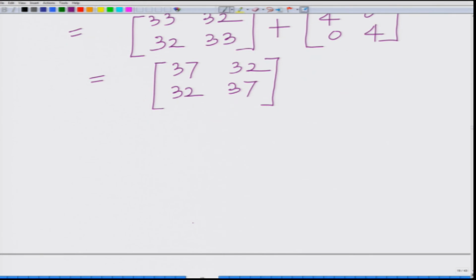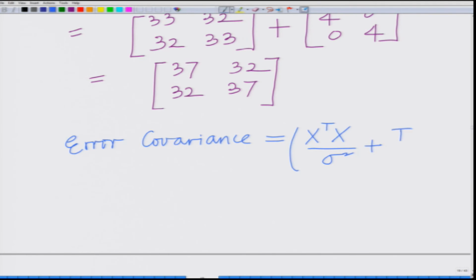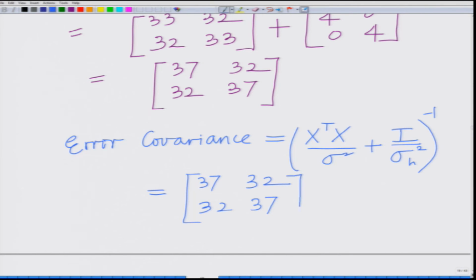And therefore, the error covariance now equals x transpose x by sigma square plus I divided by sigma h square, inverse, which is basically the inverse of this matrix, your 37 32 32 37 inverse.